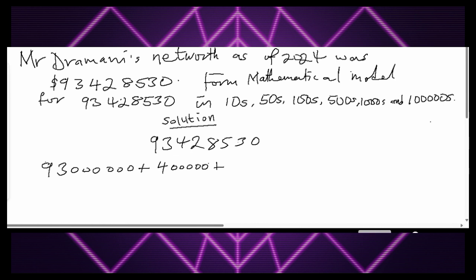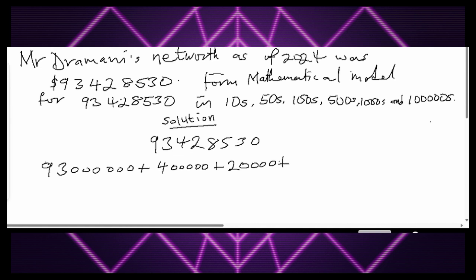And after the 4, what is next? We have 2, right? So 2. Right after the 2, the rest of the digits that follow, we're going to write as zeros. So you're going to write 4 zeros: 1, 2, 3, 4. After the 2, what is next? We have 8.